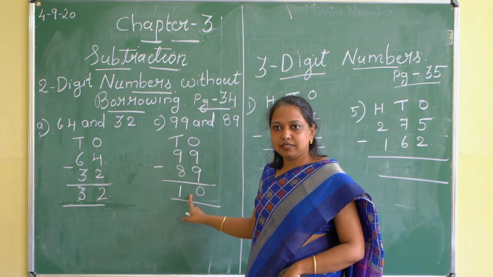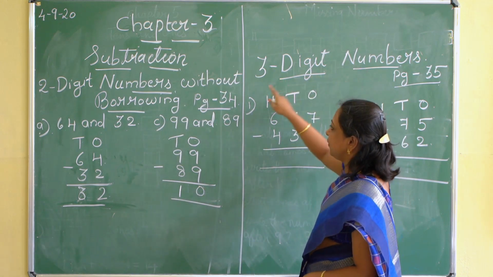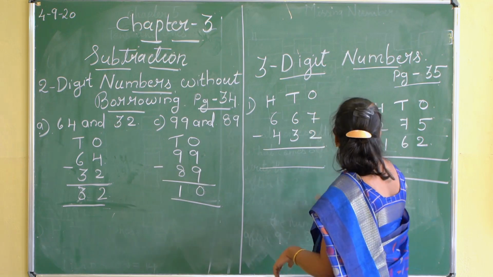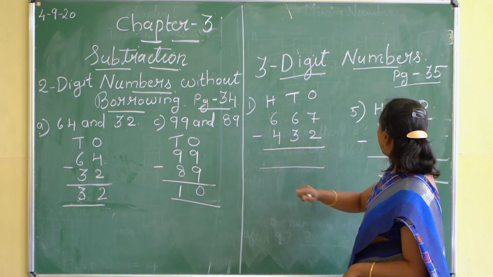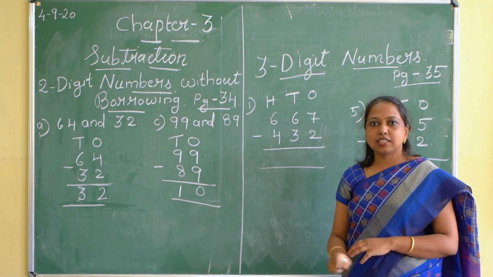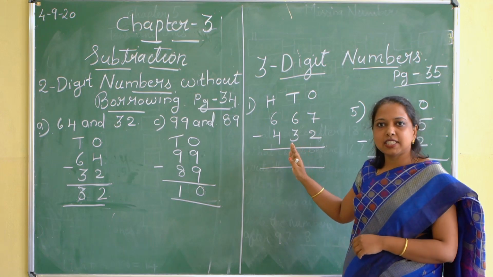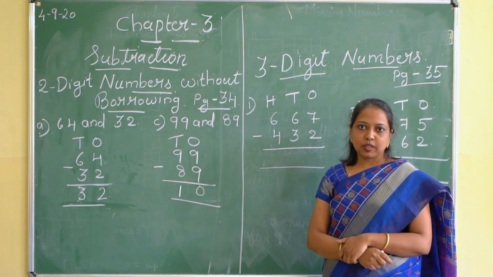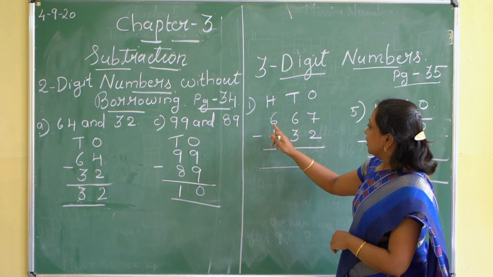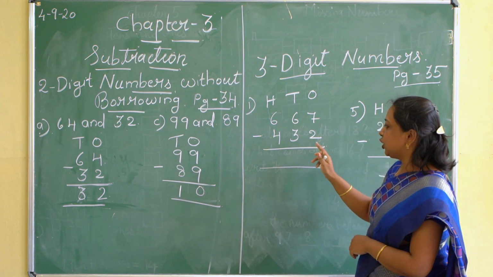Okay children. Now let's solve 3-digit numbers without borrowing. On page number 35, exercise 2, question number 1 and 5. Let's solve these 2 exercises. This is a 3-digit number. 3-digit number subtraction is very similar to 2-digit number subtraction. Here also, 667 minus 432.